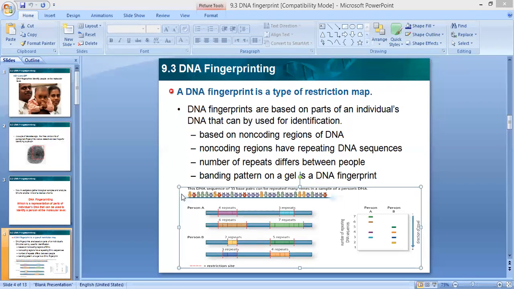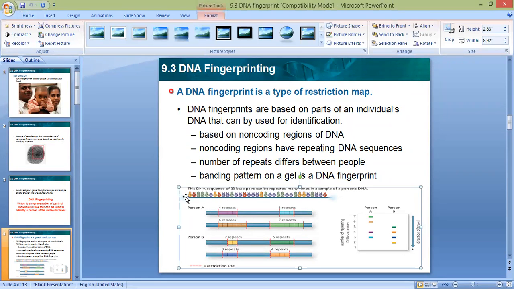DNA in any organism is made of nucleotides, a sequence of nucleotides like this one: A, G, C, T. But not all of these nucleotides code for genes or for a protein. Some nucleotides are non-coding and have other purposes or functions.